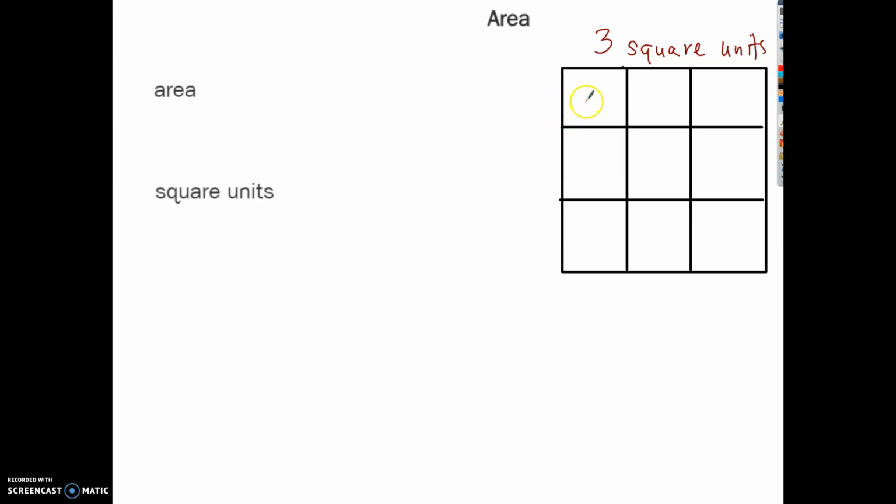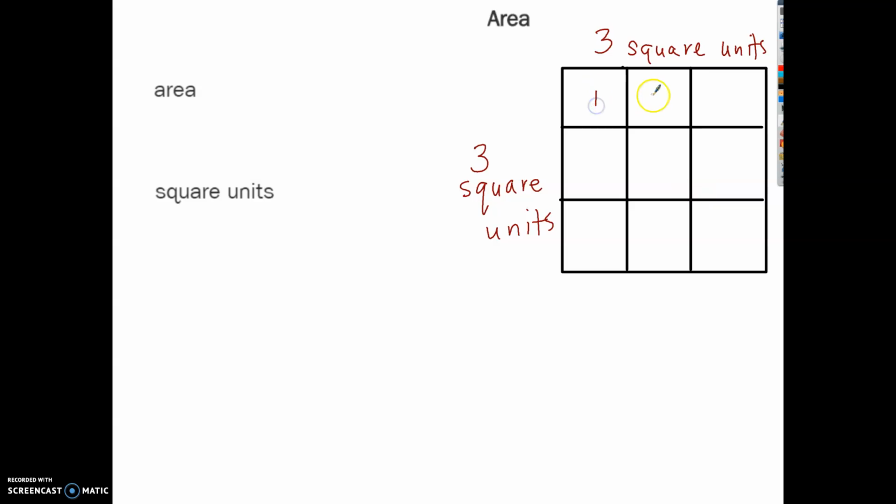And this side, because I can count 1, 2, 3, this side is also 3 square units. All right. So to find the area of what's inside, we count up the square units on the inside.